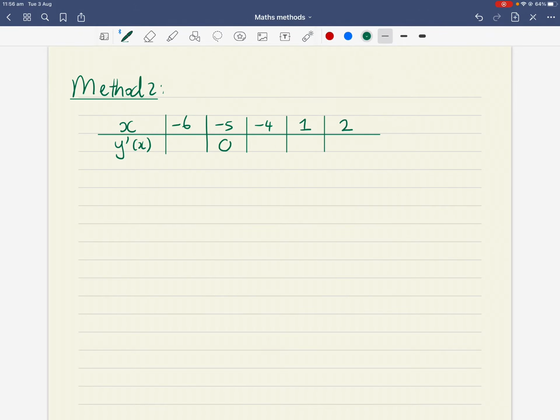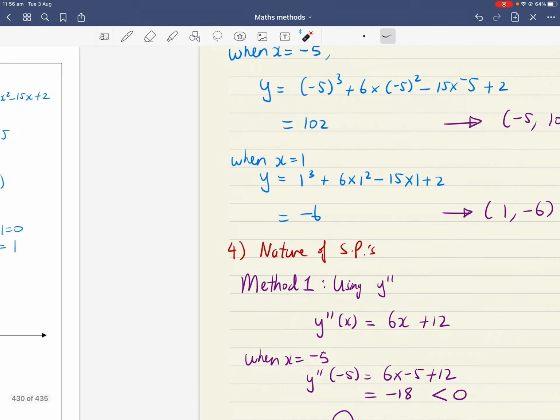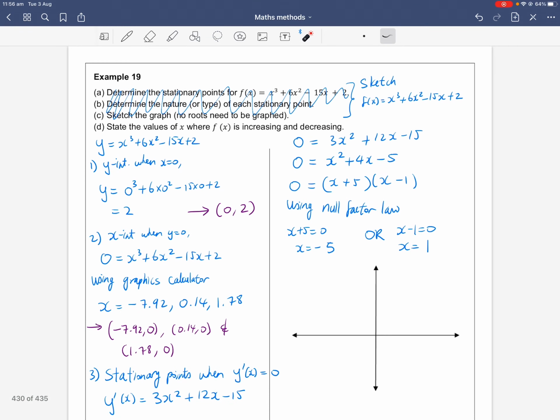Of course, we know that the gradient value at the stationary point is 0. It's meant to be flat. So don't forget, this is your gradient function or your derivative, so it is not your original function. It's y dash, the derivative function. So essentially, you need to sub in x is -6 into your derivative function. Let me go back and look at our derivative function again.